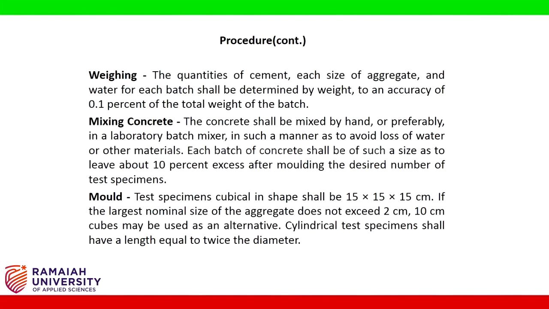Mold. Test specimens cubical in shape shall be 15 x 15 x 15 cm. If the largest nominal size of the aggregate does not exceed 2 cm, 10 cm cubes may be used as an alternative. Cylindrical test specimens shall have a length equal to twice the diameter.